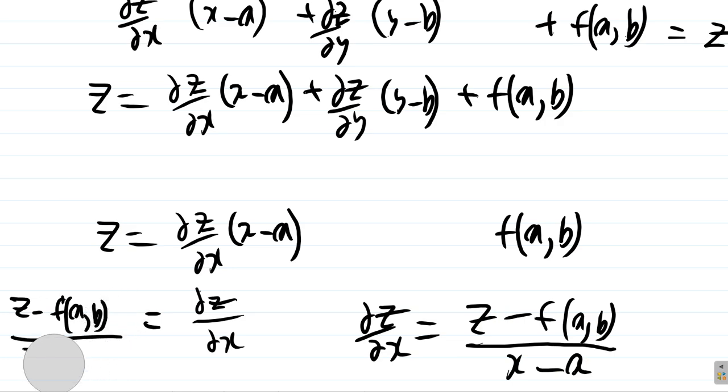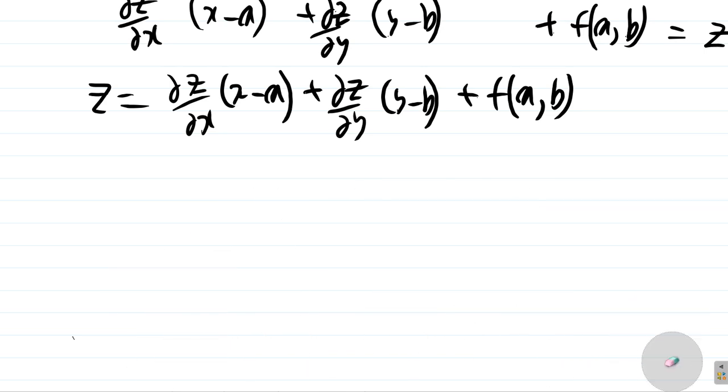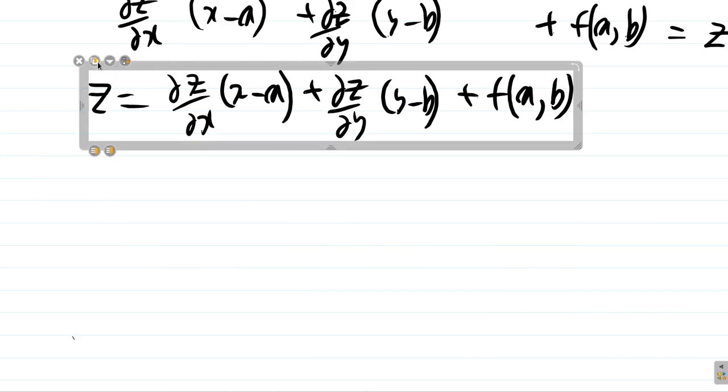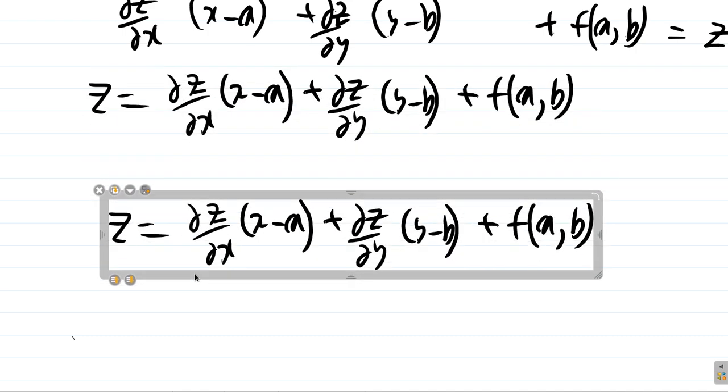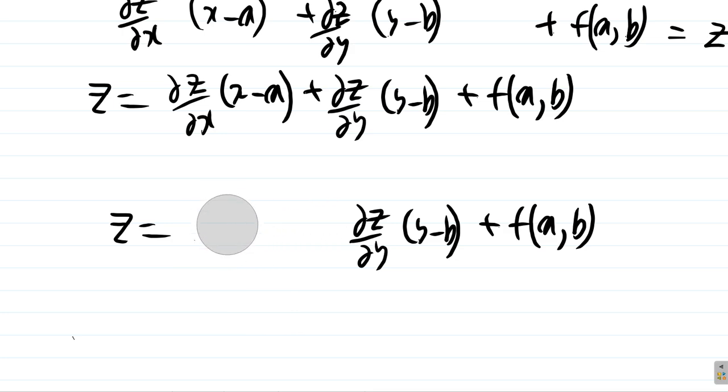Now suppose we consider that there is no change in x, and we're looking at change in y alone. Then this part becomes 0, and 0 times this part is 0, so this part will disappear. Now we transpose and make ∂z/∂y the subject of the formula.